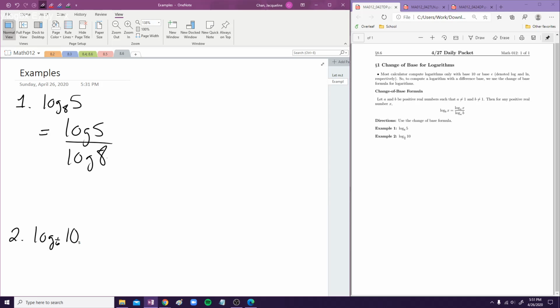That's just how I remember it: the numerator is the bigger number, and then the base is what we're dividing it by. If you want to label these, then b is equal to 8, and x is equal to 5. And since we want to do change of base, our a is 10.